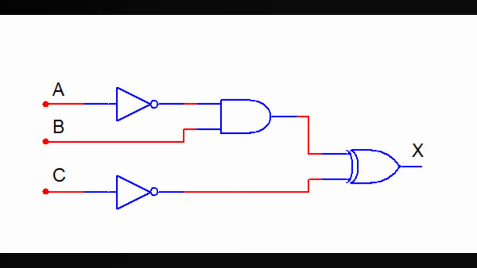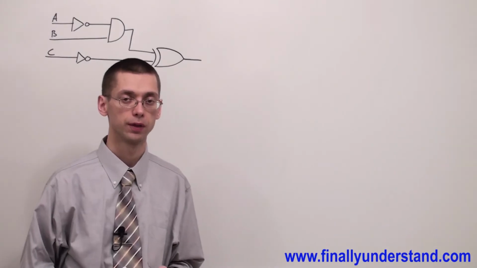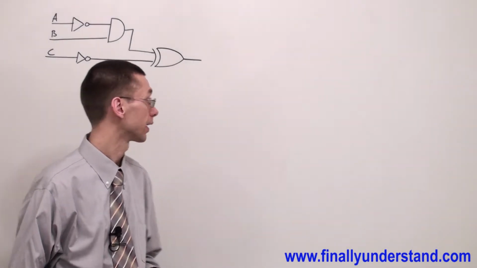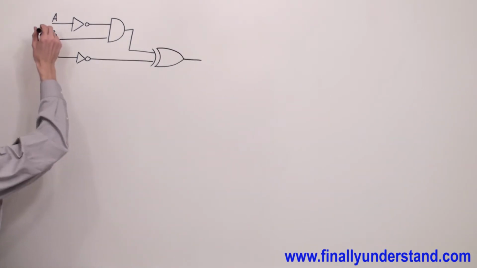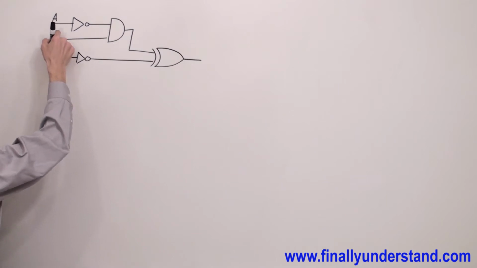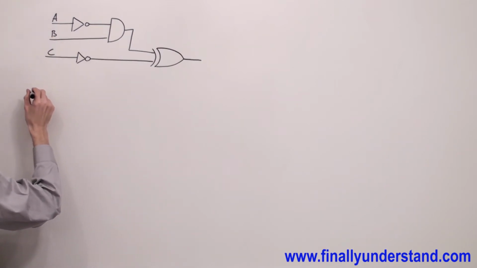Let's take a look at this circuit. We're supposed to find again the truth table for this diagram. First, you're supposed to find the number of combinations which you can apply to these three inputs.